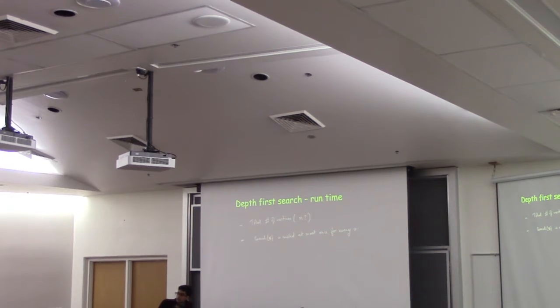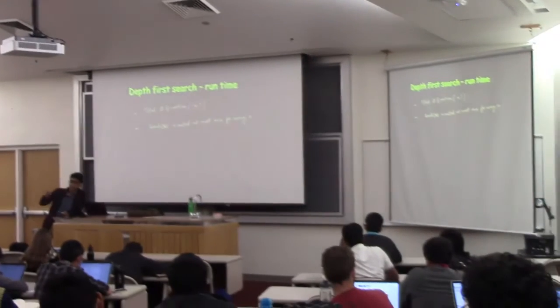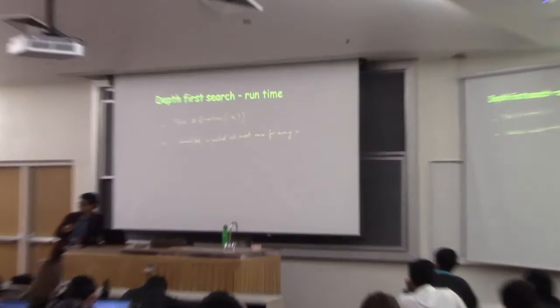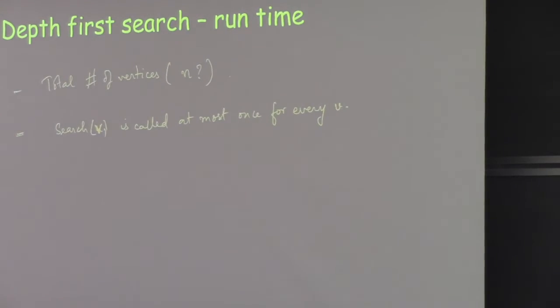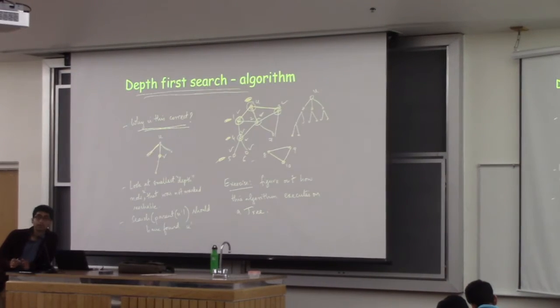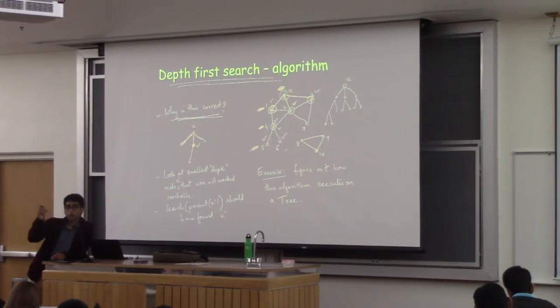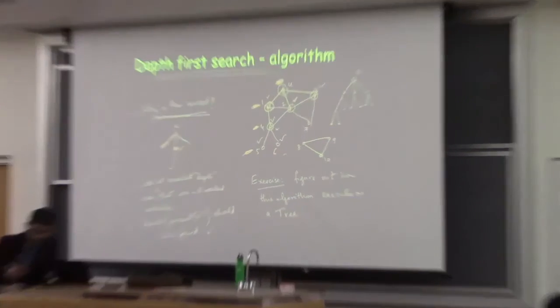Okay. So this is a good observation. So this says that the number of function calls that's happening is only n, right? So that's true. But how long does each function call take? The degree of that vertex. So you do go through all the neighbors, right?